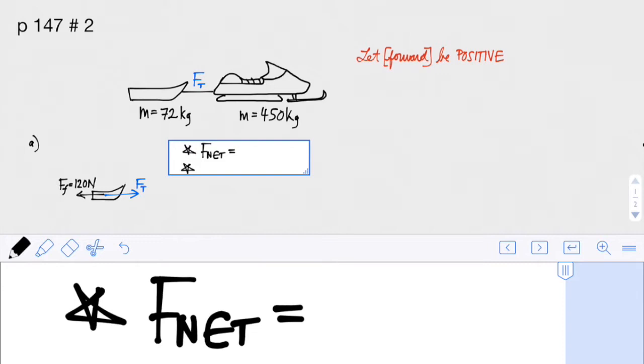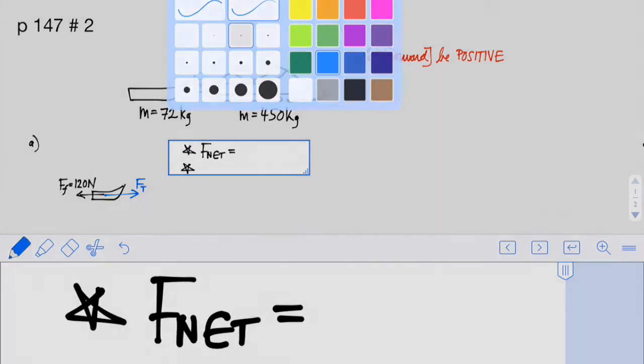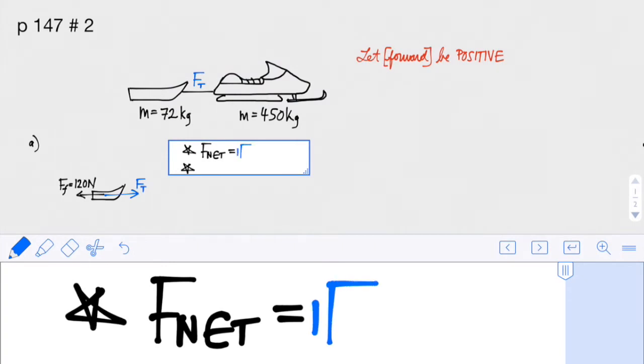So the net force acting on this object is equal to plus the force of tension and minus the force of friction. Plus indicating forwards and minus indicating backwards.